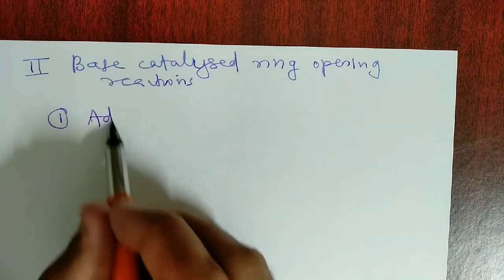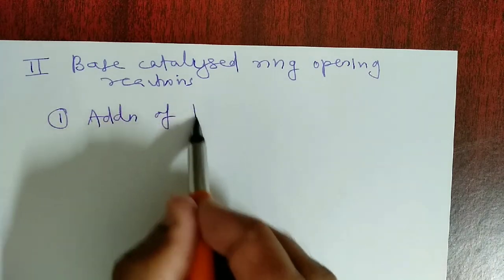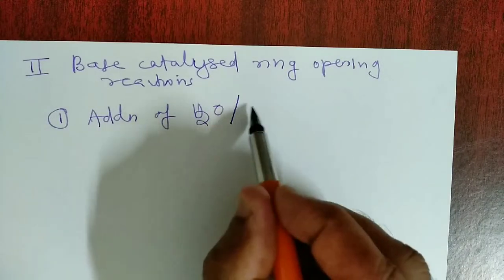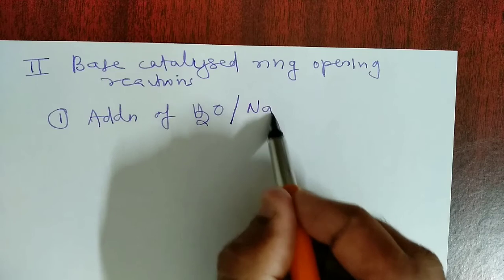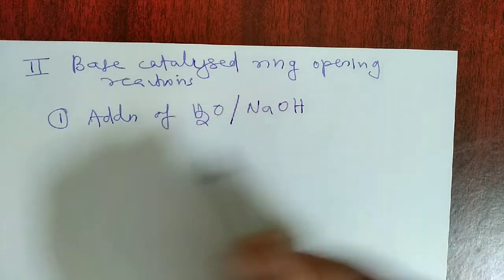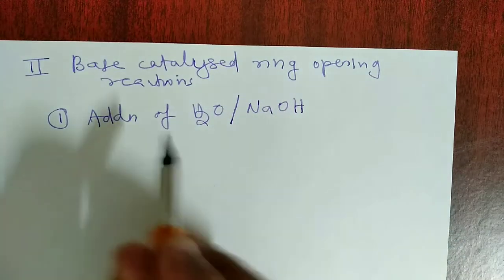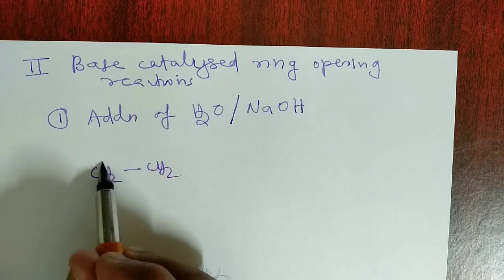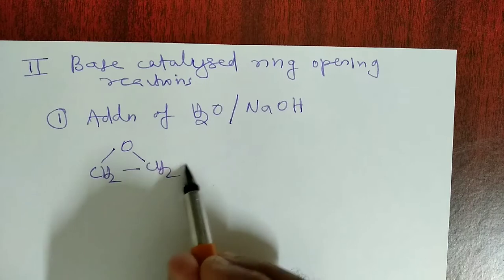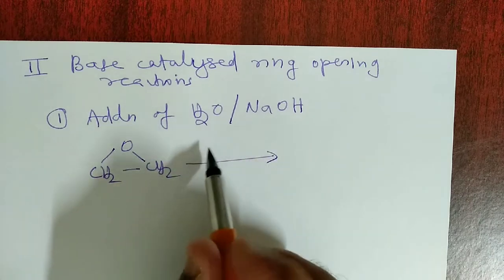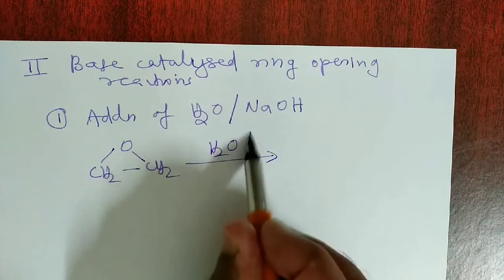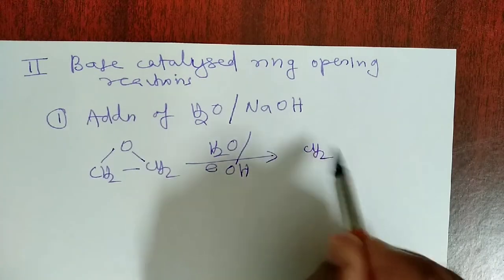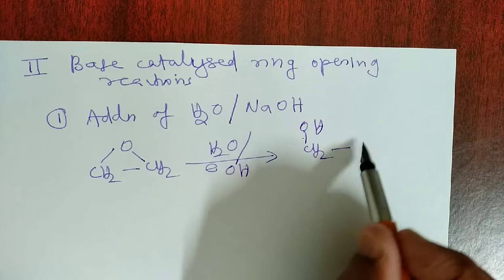First one, reaction with water in presence of a dilute base like NaOH, or addition of water. Ethylene epoxide on treating with water in presence of a dilute base gives ethylene glycol.